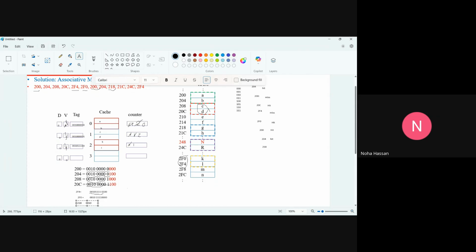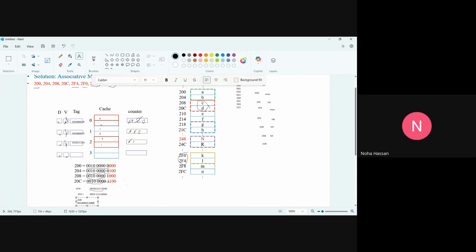Then I have the 1. And then I have the 8, which is 1, 0, 0, 0. So 218, was it in the cache? Do you see the tag here? It is not there. Okay, so 218 is going to be a miss.